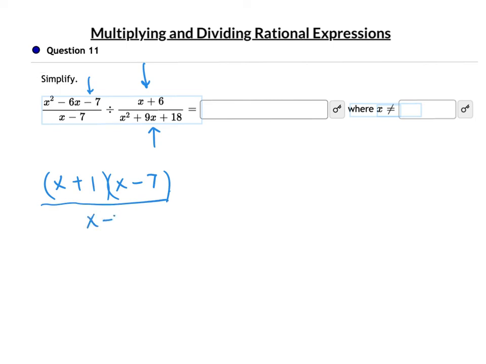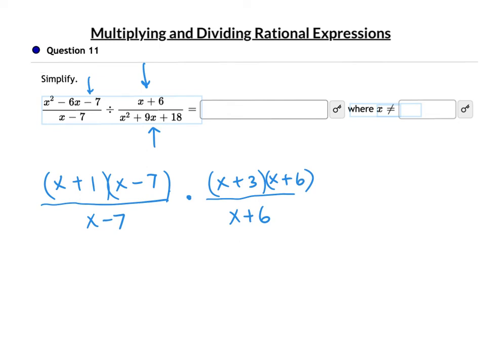Below, I have an x minus 7. Now, this is going to be times. Below, I'm going to put the x plus 6. I'm multiplying by the reciprocal. Up above, I'm going to factor that x squared plus 9x plus 18. That's x times x, a plus and a plus, and 3 and 6.